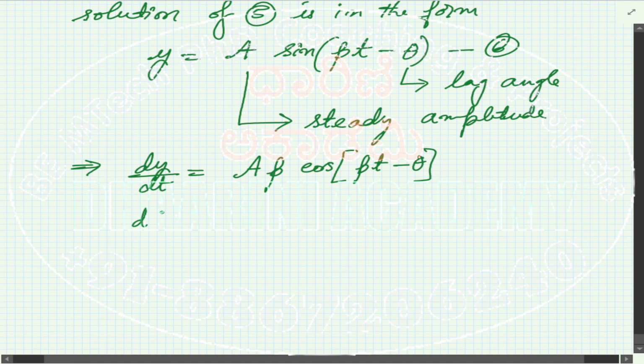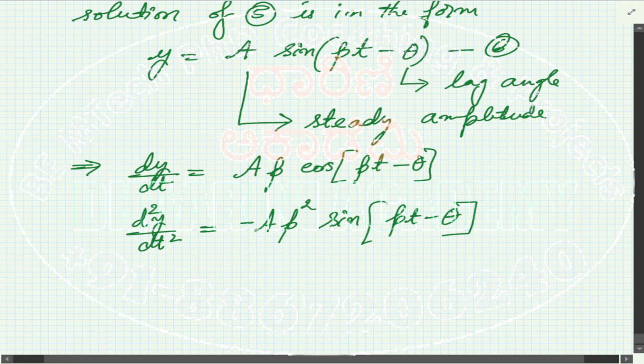And also if you try to find d square y by dt square, a is a constant, there is a p existing already, cos pt is minus sine pt into p, so there is one more p coming up, minus goes here, into the sine of pt minus theta. So let me call this 7.